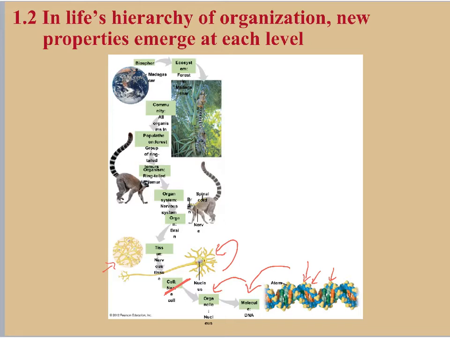Those tissues, let's say again, if we're still just talking about nerve cells, we've got nerve tissue that, like I just mentioned, will organize into larger organs. And then you may have many of those organs combining to create the whole nervous system, or this whole organ system.